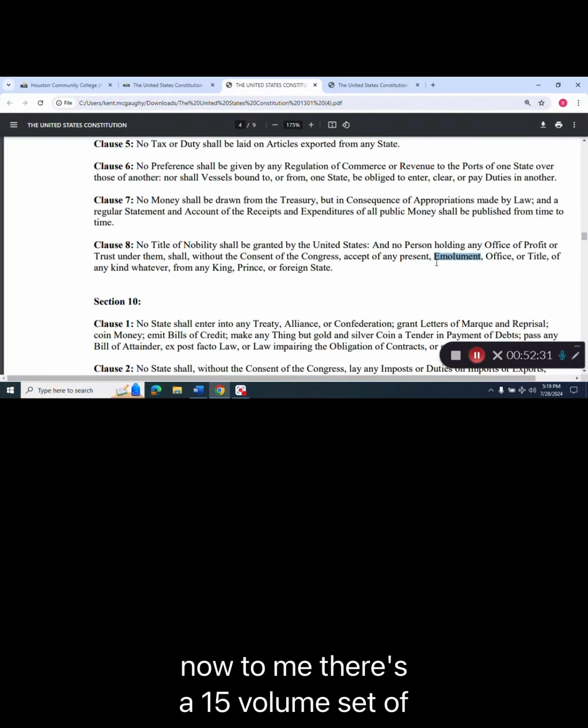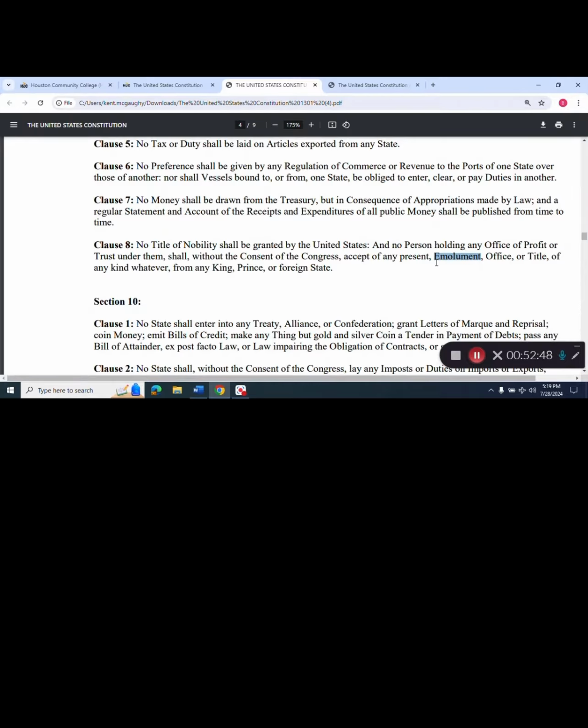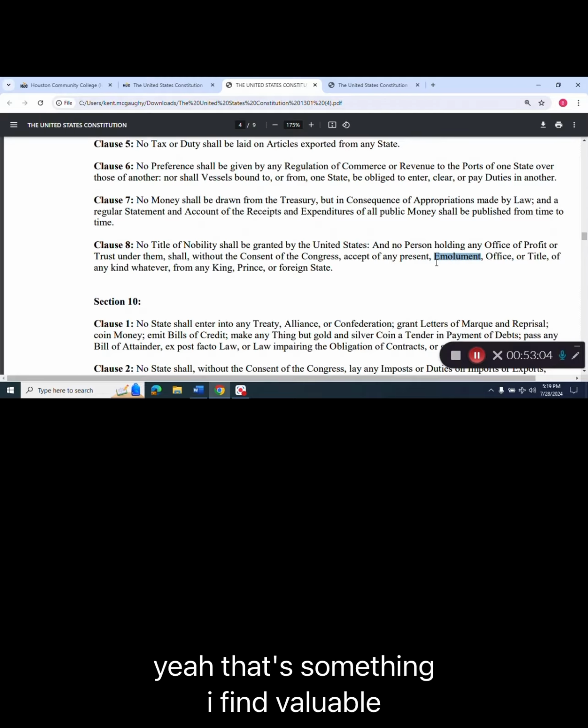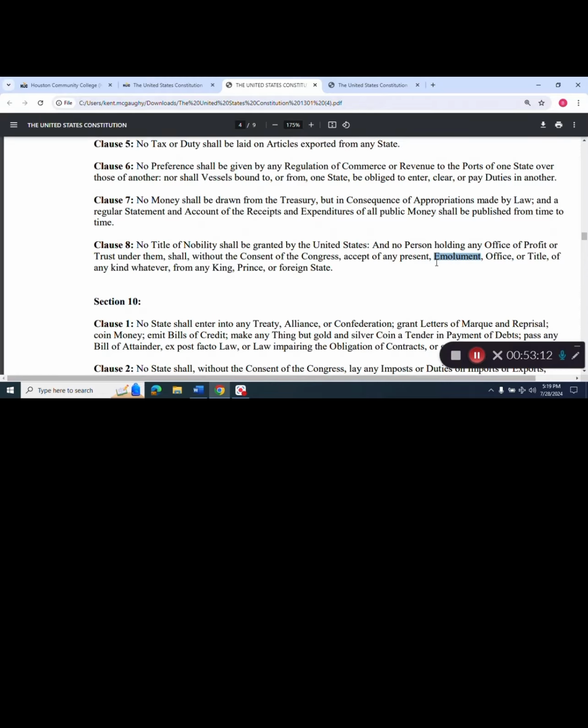Now, to me, there's a 15-volume set of books focusing on the British Empire in North America before the War for Independence. I want that. The cheapest price I've seen for it is $2,000. And if I had $2,000, I'd pay it. That's something I find valuable. But it's a safe bet no one else does. So, if any of you have a spare $2,000 lying around, just kidding.